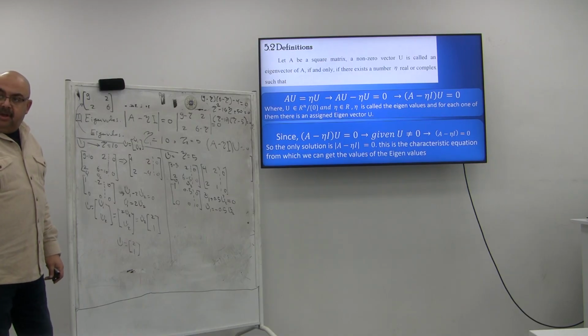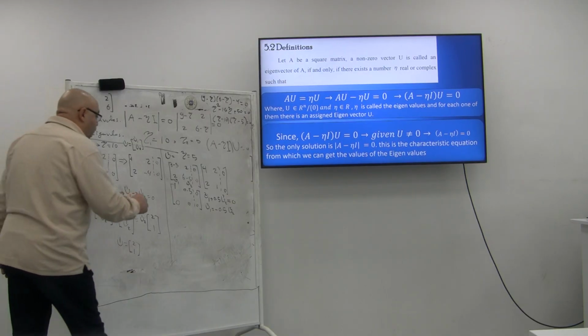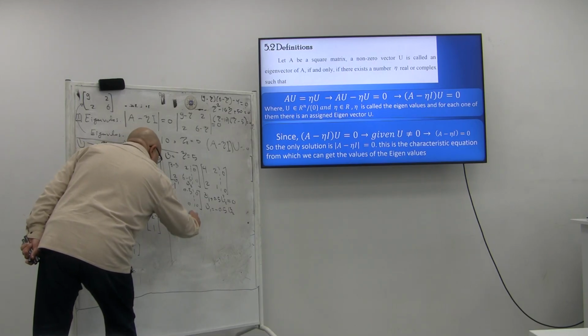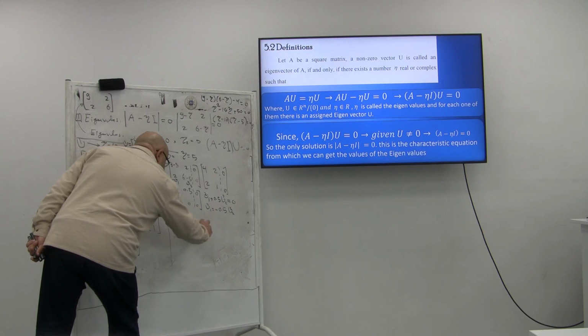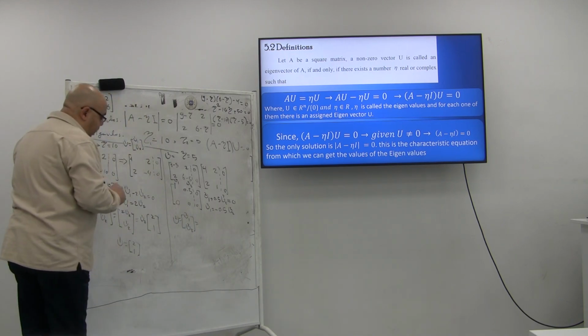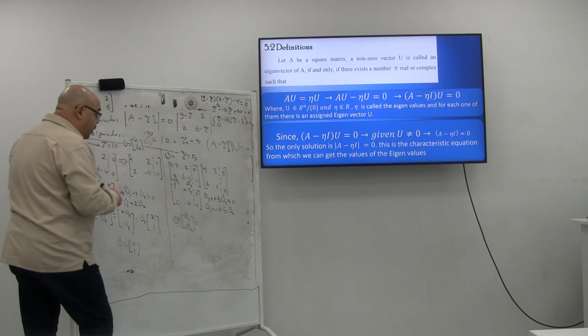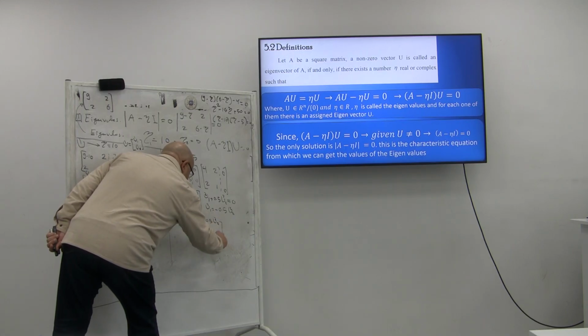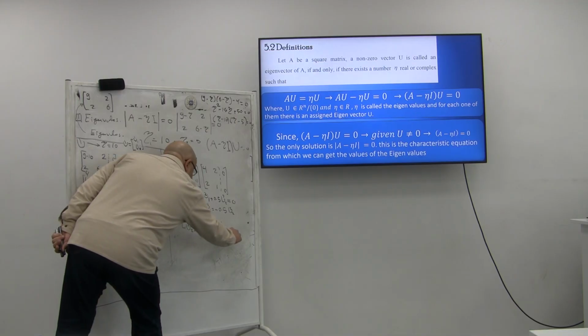Once more, I will substitute. So I will have U2, which consists of U2 sub 1, U2 sub 2. Now start substituting. I will replace the first component by negative half, so it's going to be minus 0.5 U2 sub 2, and that's U2 sub 2.